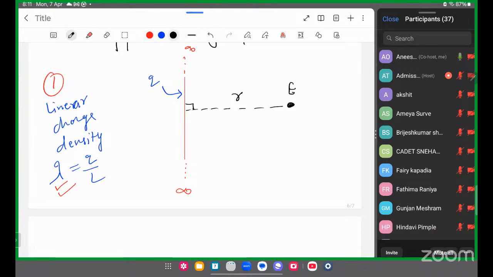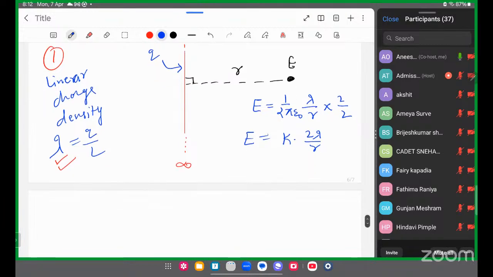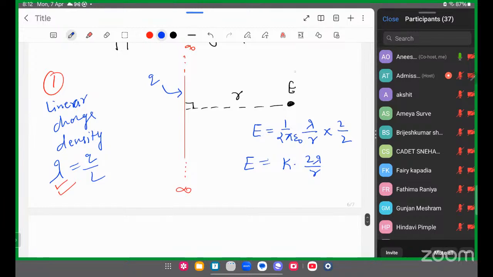So the value of E at this point is given by E equals 1 upon 2 pi epsilon naught, lambda by R. So in terms of K, this will be K 2 lambda by R, because we multiply with 2 and divide with 2 to make it 1 by 4 pi epsilon naught. So the electric field E will be K 2 lambda by R. If the charge is positive, the electric field will be outward.